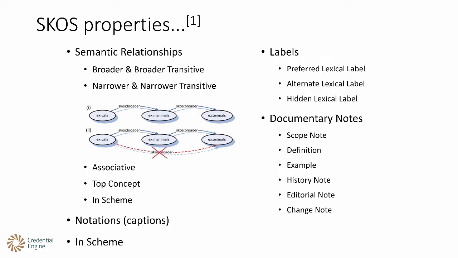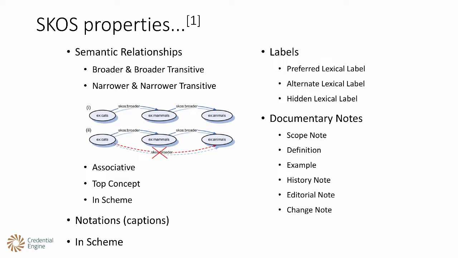So mammals can point to cats as narrower. Cats to mammals is broader. Mammals to animals is broader. In SKOS, however, you cannot infer that cats is broader than animals. Not allowed. If you want to do that, you have to declare it as transitive. So anyway, if that didn't make any sense, again, do not worry. Just let it go.